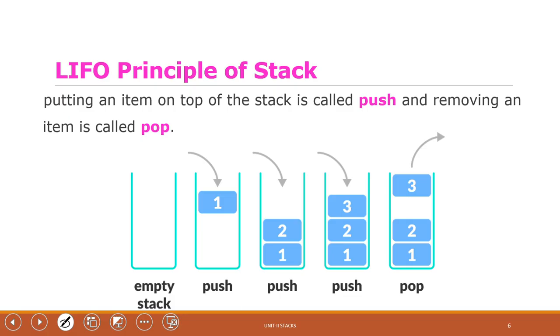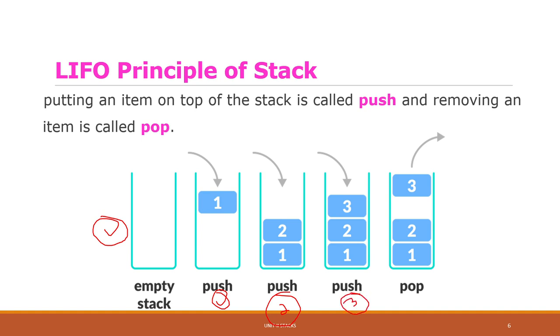As I have already told you, last in first out principle. Consider the given example. The first diagram shows an empty stack. Suppose I want to push 1, so 1 is inserted. Again I want to push 2, so 2 is inserted. Again I want to push 3, so 3 is inserted.